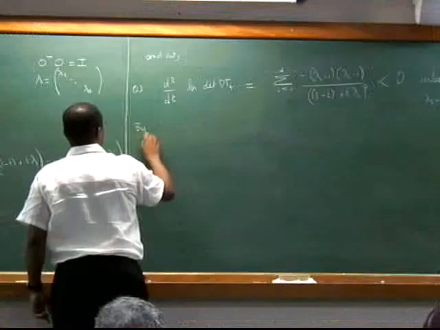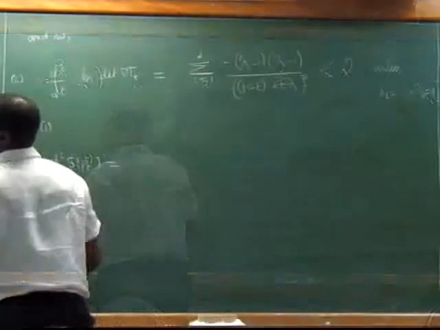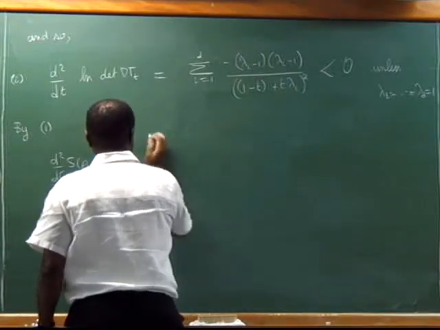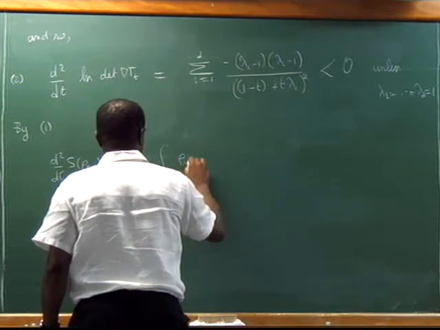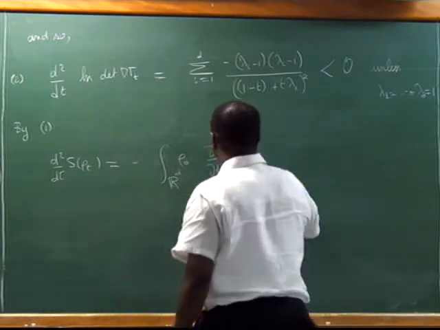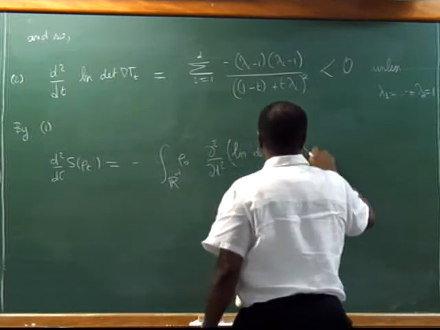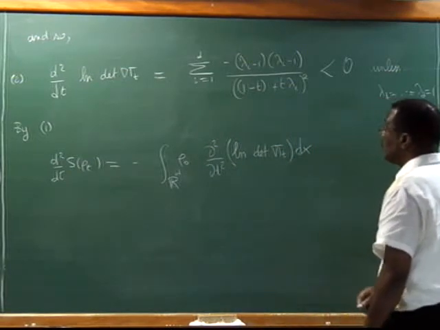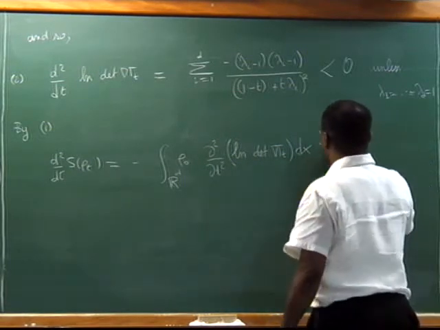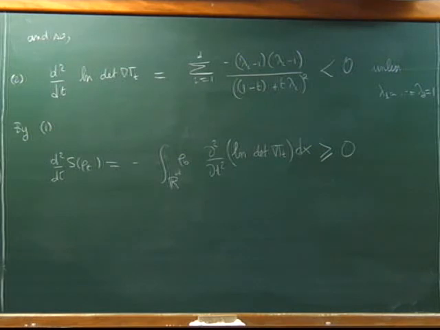By 1, the second derivative of S of rho t is negative the integral over R^d of rho naught times the second derivative of the log of the determinant of the gradient of T_t dx, and this is greater than or equal to 0, because the second derivative of the log of the determinant is less than or equal to 0. So this proves the convexity of the entropy.